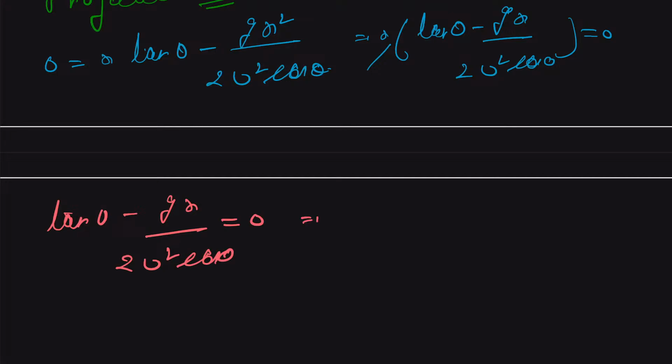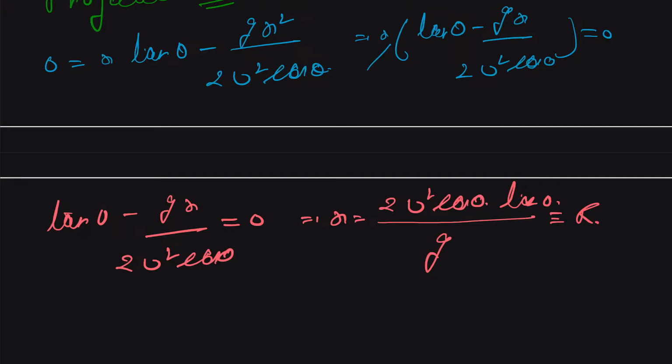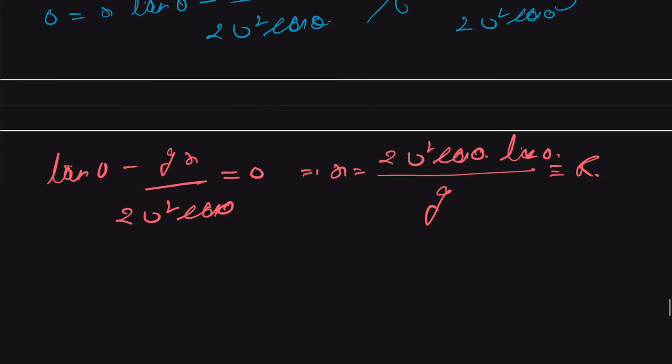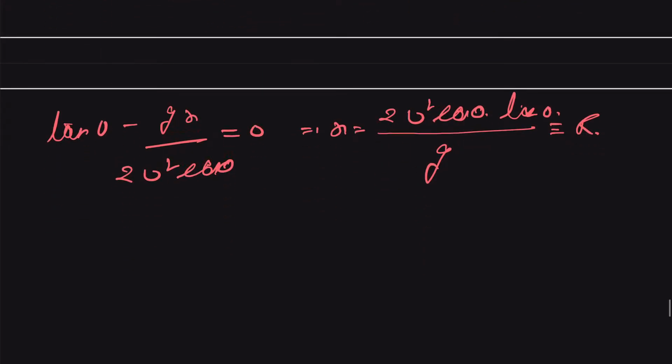And from here we can find out the total distance traveled, which is nothing but our range. We can put R later on, and this will be equal to 2 v square cos square theta tangent of theta divided by g, and this is nothing but our range. Okay. And we can put tan of theta as sine upon cos, so cos goes away.